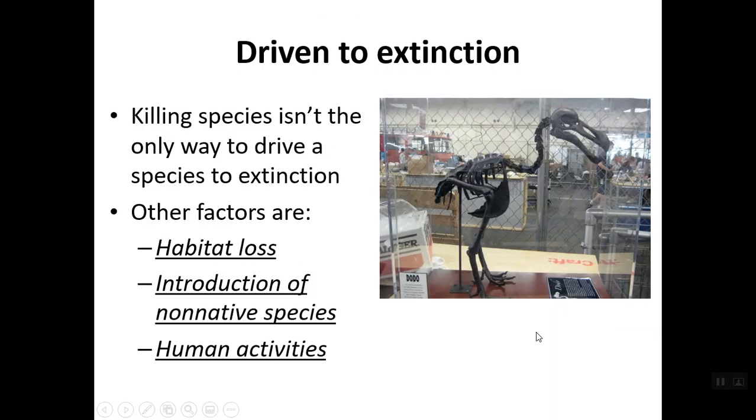All right. And so killing a species directly like this is not the only reason why a species can go extinct. You can indirectly cause extinction of a species by depriving the species of its habitat or introducing predators that were not present there before, so non-native species, okay, or in general by human activities, for instance, building a city where there was an environment for several species to live before.